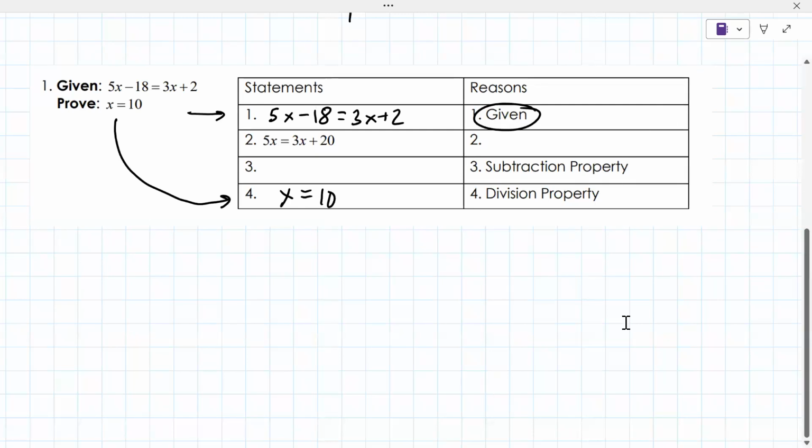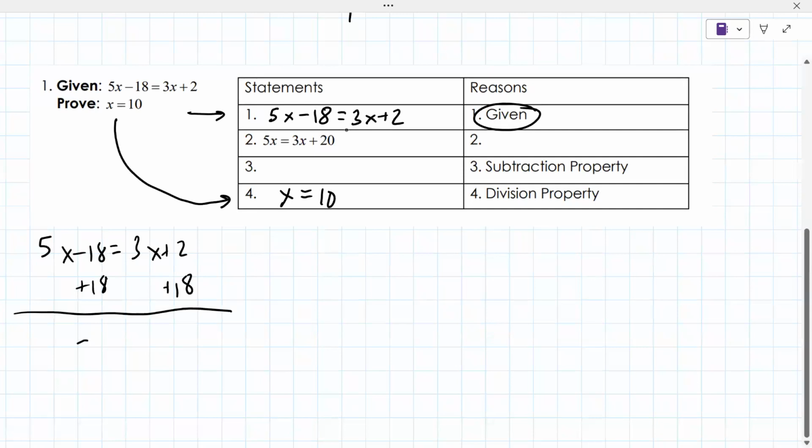Now, what you're trying to decide is what did you do to go from statement one to statement two? What is the difference between them? Sometimes you have to come off to the side and actually solve it. You have to say, if I add 18 to both sides, what does that do? Well, it becomes 5x equals 3x plus 20.